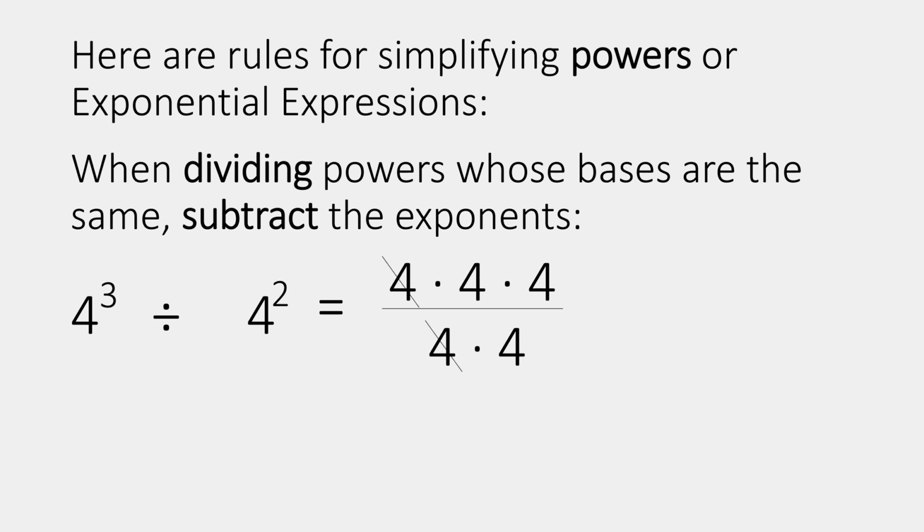We could cross out, and what we're left with is 4 on top. Or we could just subtract the exponents. 3 minus 2 is 4 to the 1. We never write 4 to the 1, we just write 4. I'll explain later in the video.